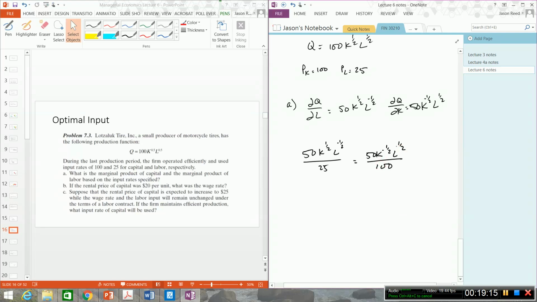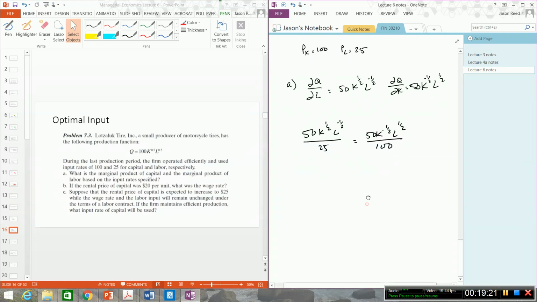To get the relationship of equality, we can solve this down a little bit. What we end up getting is 2 K to the 1/2, L to the minus 1/2 is equal to 1/2 K to the minus 1/2, L to the 1/2.